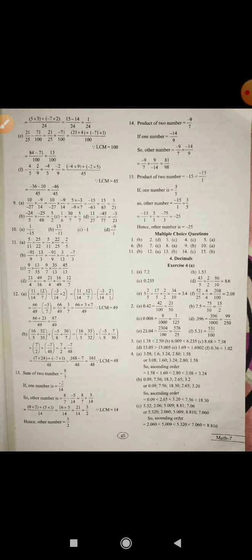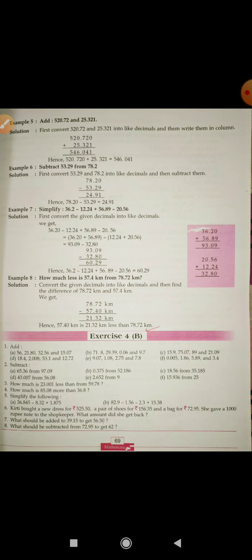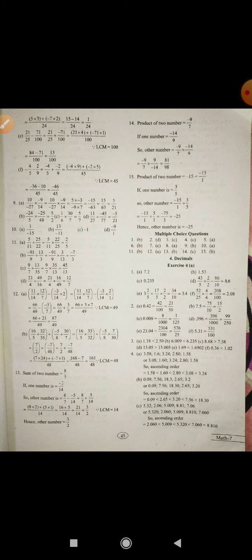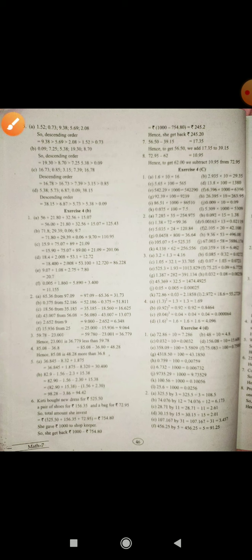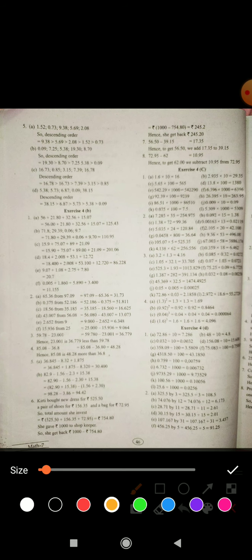All right, next is exercise 4b, addition of decimals. Add and subtract the decimal numbers. Let's do the addition of decimals. Here the numbers are 56 plus 21.80 plus 32.56 plus 15.07, that is 56.00 plus 21.80 plus 32.56 plus 15.07.